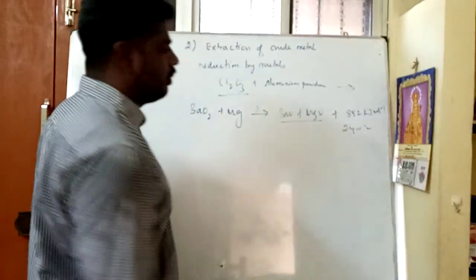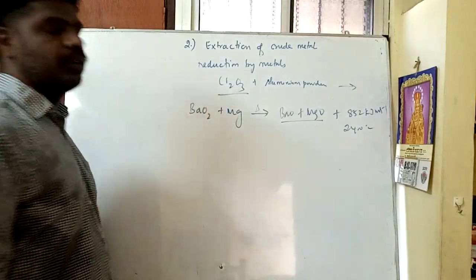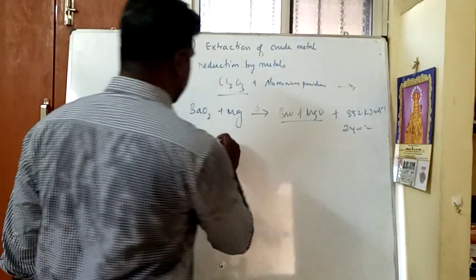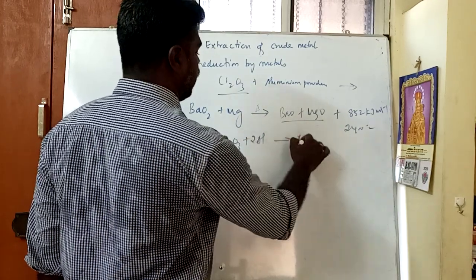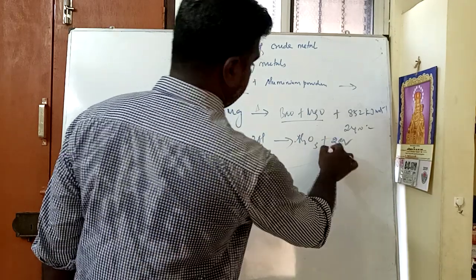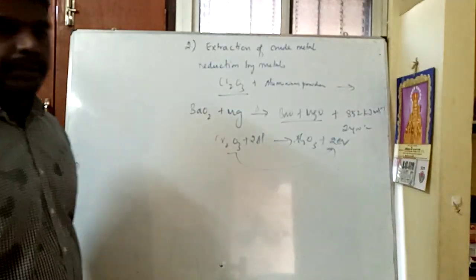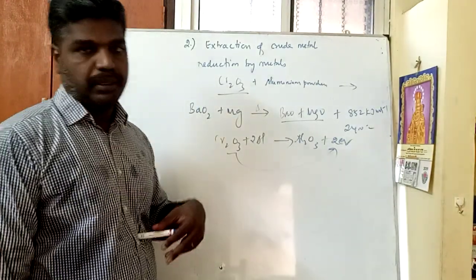With the help of this heat, we can start the reaction. Metal oxide mixed with aluminum powder forms aluminum oxide plus chromium. Here the metal oxide is reduced to metal. So this is one of the methods of reducing metal oxide to metal.